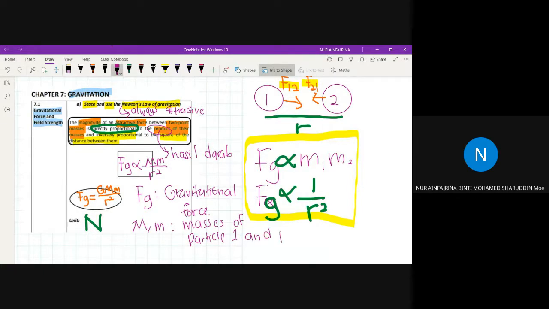So kita ada 2-point masses kan? Alright, what about G? G adalah universal gravitational constant.